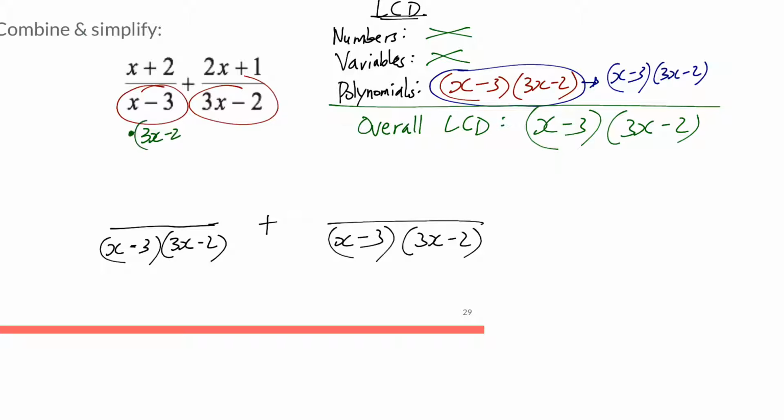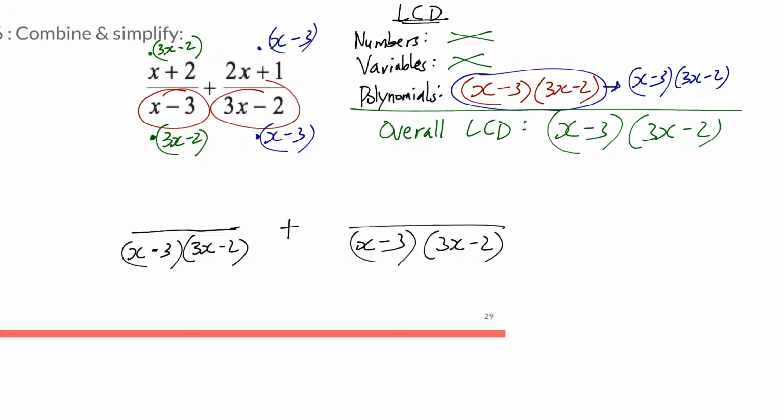That's 3x minus 2, which means we've got to multiply the first numerator by 3x minus 2. And the second one is missing the x minus 3, so we have to multiply the top here by x minus 3. So at the top here we have x plus 2 times 3x minus 2.